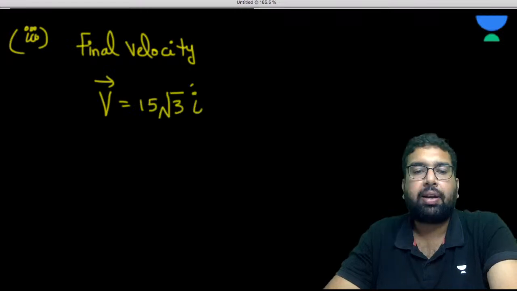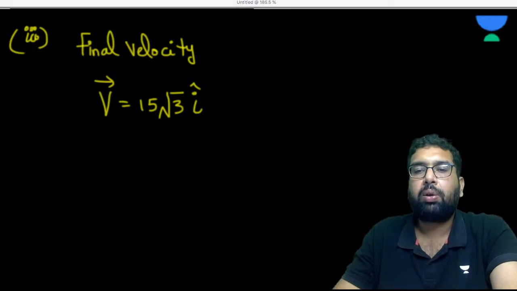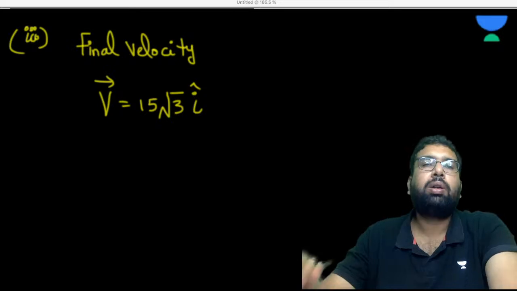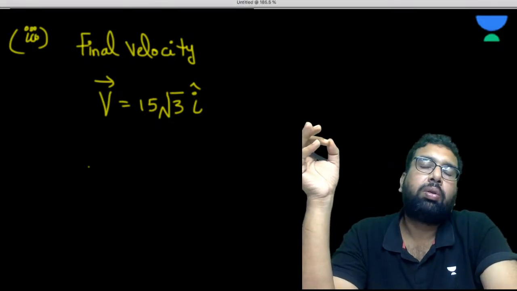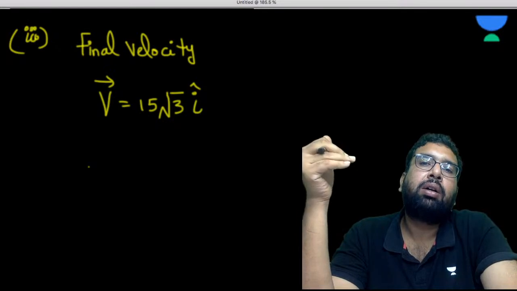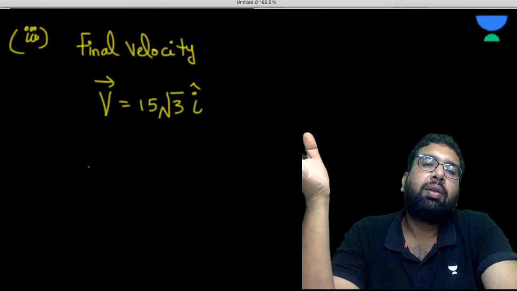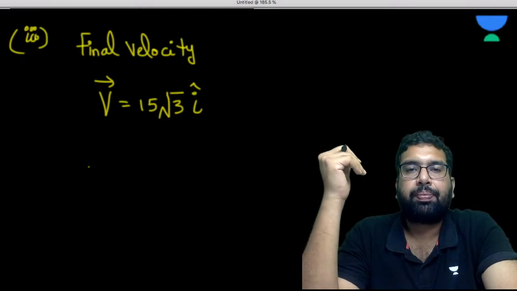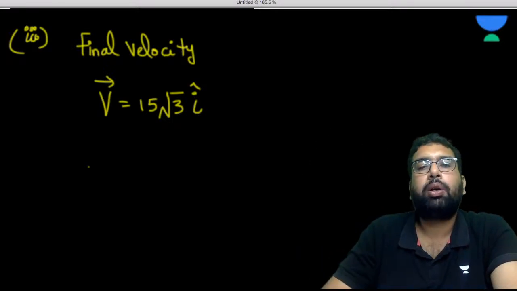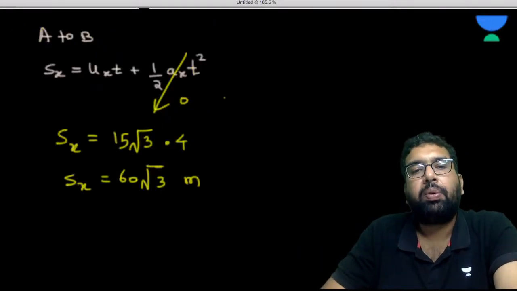So right away I can write that it is going to be 15 root 3 i cap. Don't you ever forget about this x component. What we think, sir, is that we find the vertical velocity and let go of the horizontal component. Don't do that.